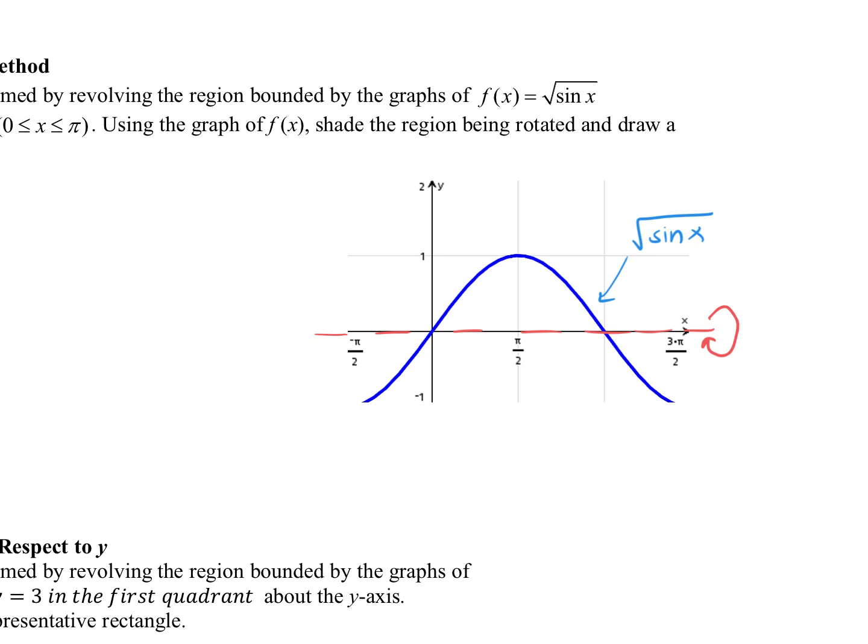So the shape that we're rotating is going to be this thing in between those two curves. So in between here is what we're going to rotate around the x-axis. Okay, so when I rotate that shape, I've got the same shape on the bottom. And again, these are like cylindrical pieces.